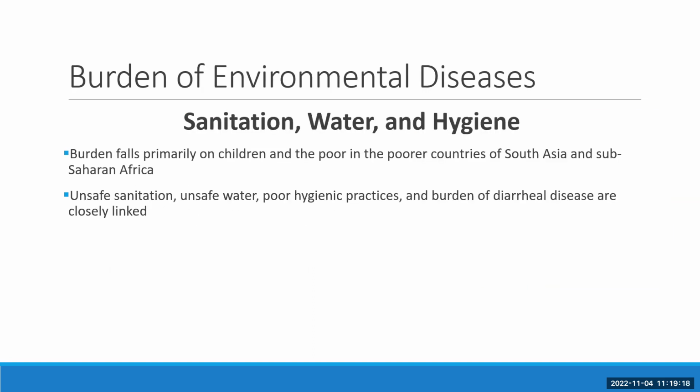So moving on to some content from our environment lecture. We talked a lot about sanitation, water, and hygiene. Sometimes that's actually water, sanitation, hygiene, which we call WASH. Some key points to know about WASH for the exam is how the burden really falls primarily on children, and that we see the worst outcomes in countries that struggle with poverty, particularly those in South Asia and Sub-Saharan Africa.